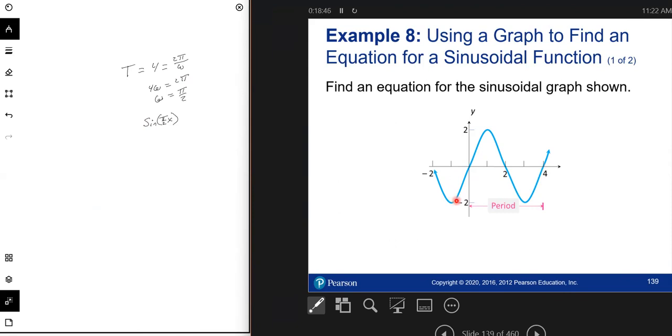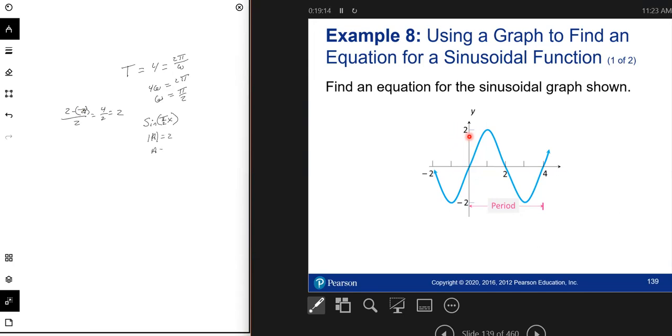Now I look at my amplitude, my high value and my low value. My highest value, you take your highest value and you subtract your lowest value, and you divide that by 2. So you get 4 divided by 2, which is 2. So the amplitude is 2.